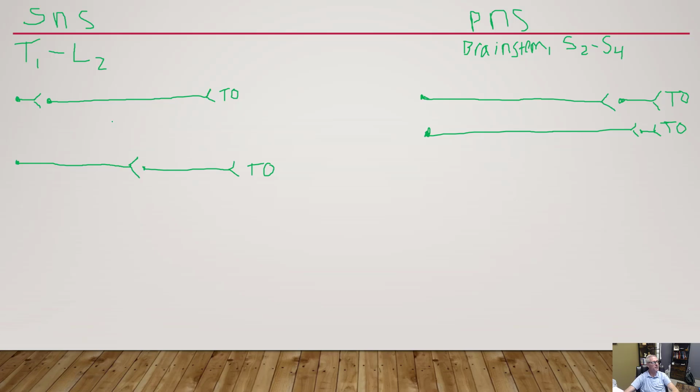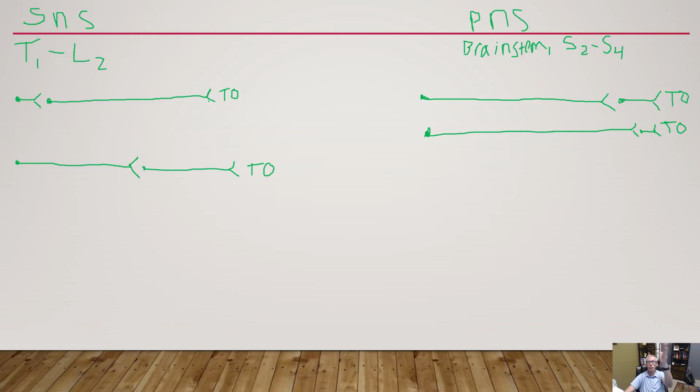So on the sympathetic side, remember in option 1, we have those paravertebral ganglia. Our preganglionic fiber originates in the spinal cord and goes from the spinal cord to that paravertebral ganglia. Then our postganglionic fiber goes from the paravertebral ganglia down to our target organ.